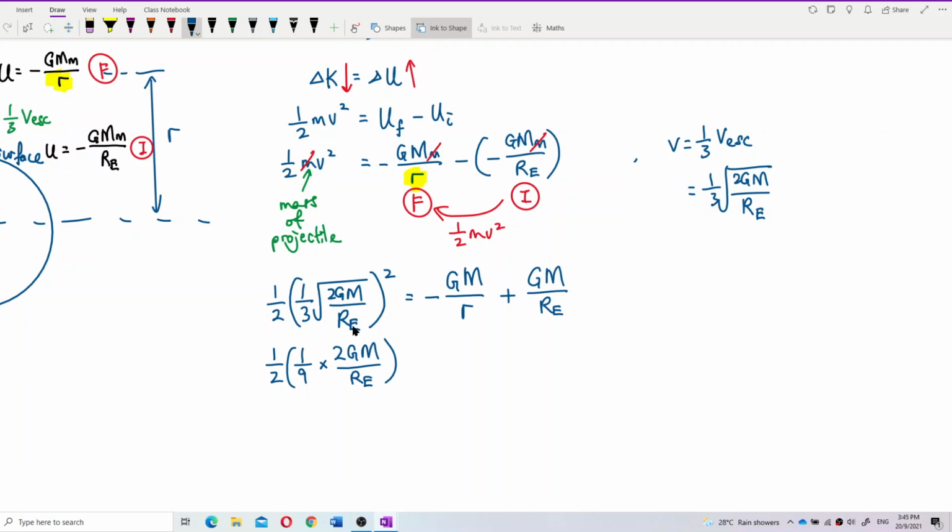And then I just changed the position: this is RE as positive, this one as negative. Now I can cut this one, and what do I get? I think slowly I can solve this question. This is GM over 9 radius of Earth.